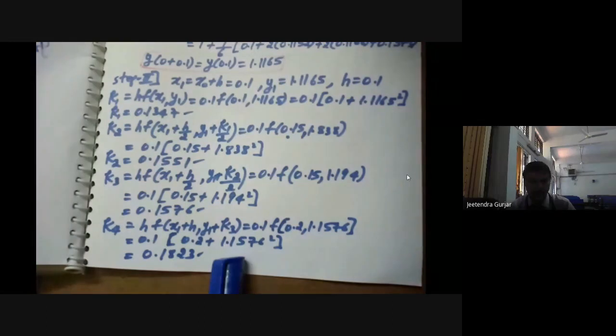We get k1 as 0.1347. The k2 value we get here is 0.1551. The k3 value we get is 0.1576. The k4 value you get is 0.1823.